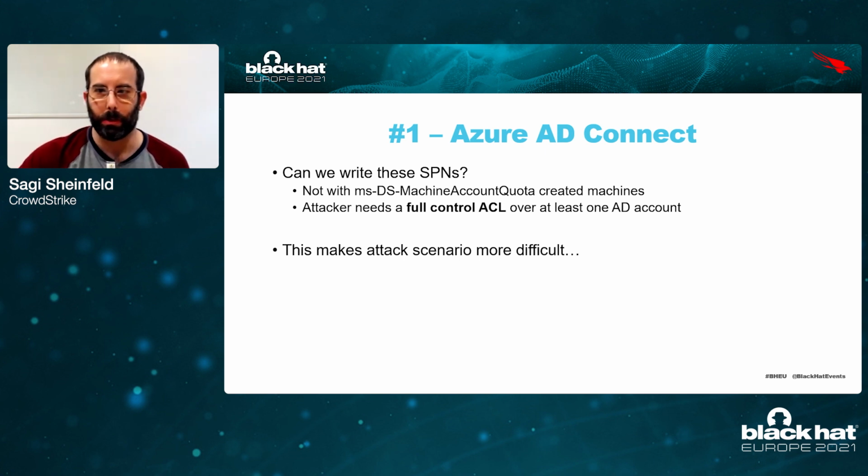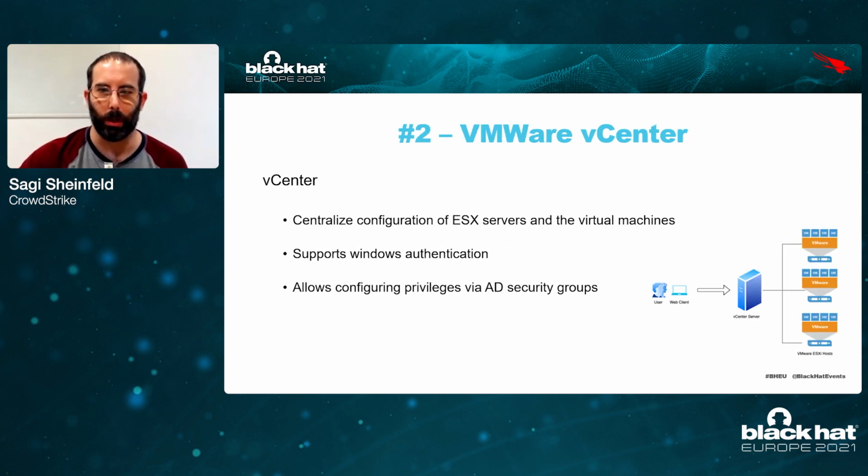Our second example is VMware vCenter. Administrators use vCenter to centralize the management of VMware ESX servers and the underlying virtual machines. vCenter supports Windows authentication, and it allows privileged mappings to AD security groups.